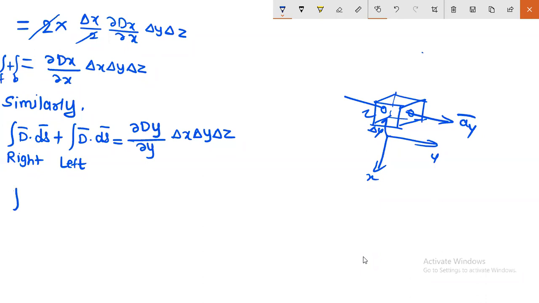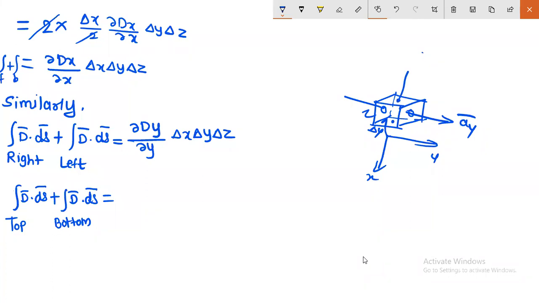So the integration of the top surface of D dot dS plus the integration of the bottom of D dot dS is equal to, now tell me, for top and bottom, this is your top surface, this is your bottom surface.